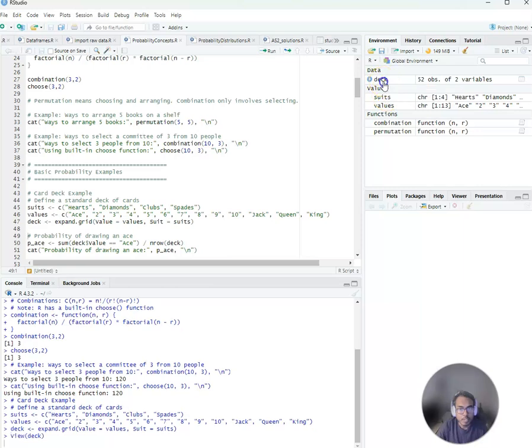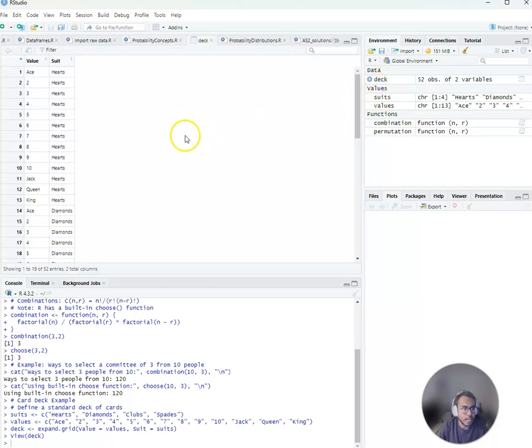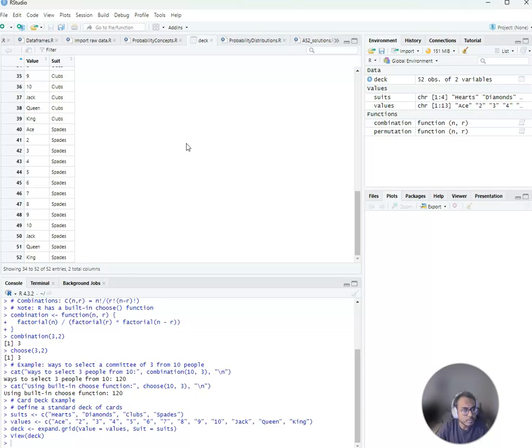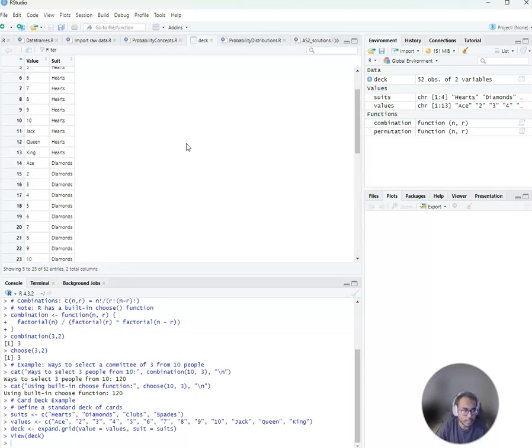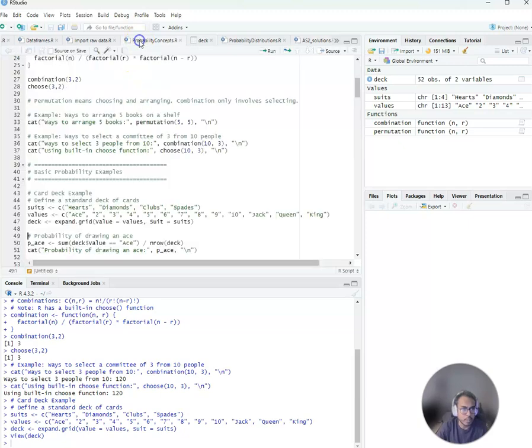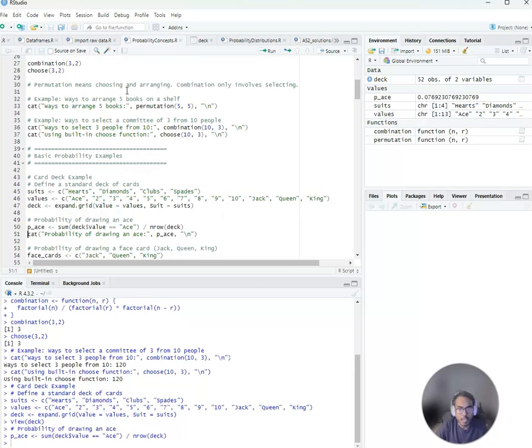If I click on that, I have the entire deck. This is a randomly generated deck of cards that I will work with. Now the probability of drawing an ace is, as you know, 4 by 52. And you can see that it is 0.0769.